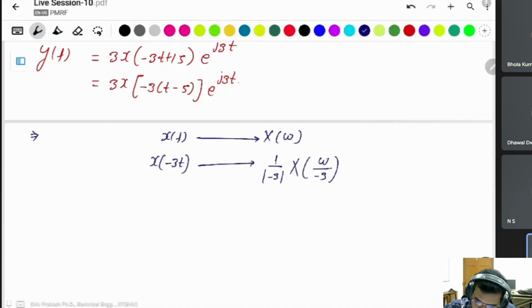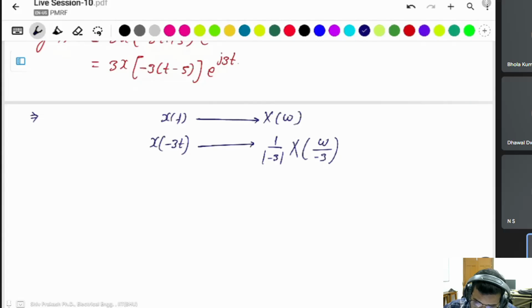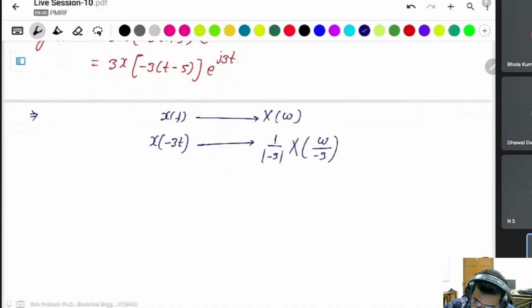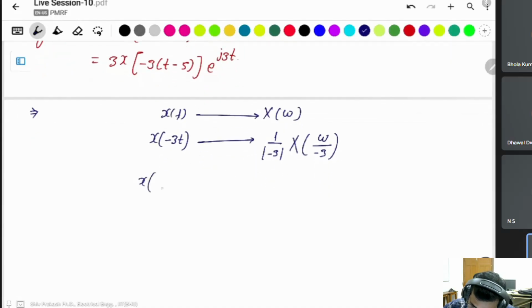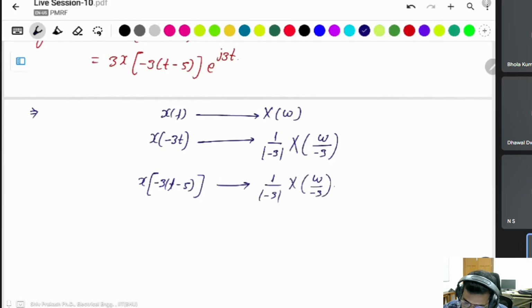Then shift this by 5: x(-3t) becomes x(-3(t-5)), which provides a delay of 5 units. The transform is 1 by mod of 3 times X(omega by minus 3) times e to the power of minus j 5 omega. This is a delay of 5, that's why there is a 5 omega.